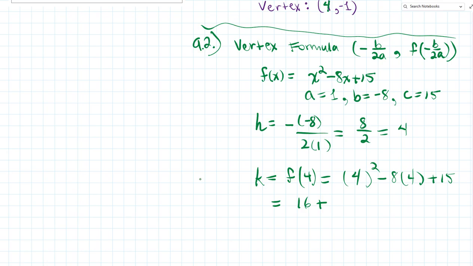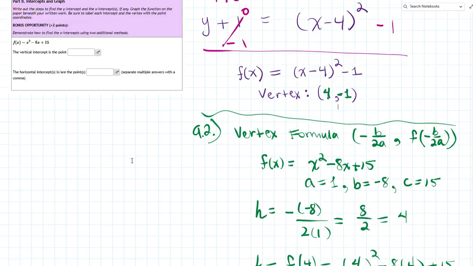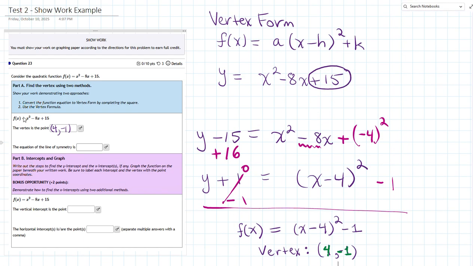Negative 8 times 4 is negative 32. And then 15. So combining the positive 16 and the negative 32, I get negative 16. And then negative 16 plus 15 leaves negative 1, which was the y-coordinate of my vertex that I found in the previous part. So now I have completed part A of this.